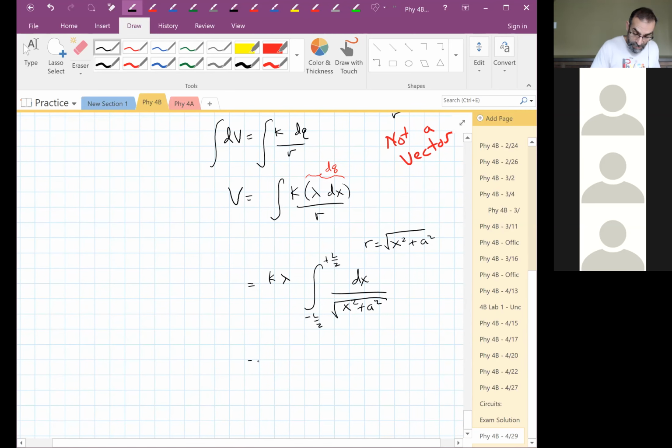We look it up, get the natural log of x plus the square root of x squared plus a squared. Whatever that turns out to be, it's a little messy.